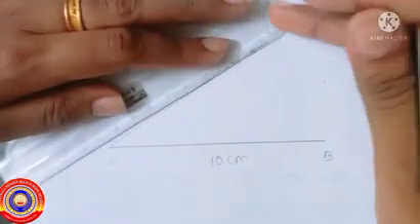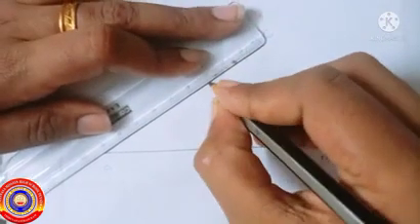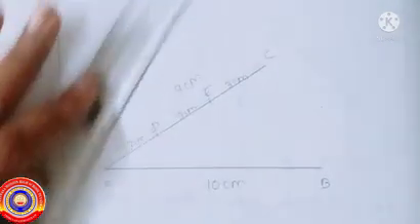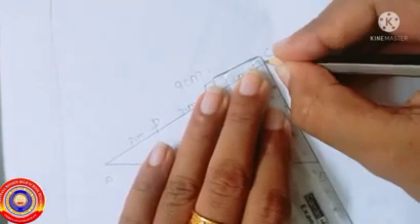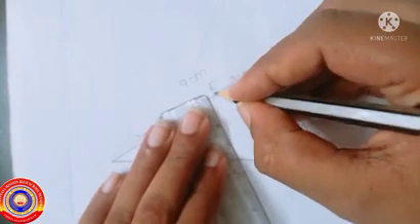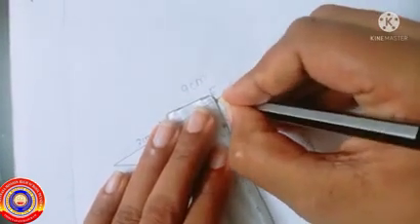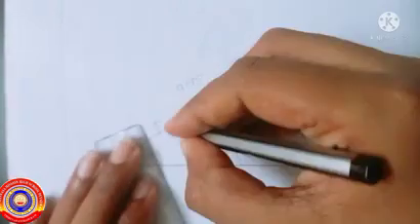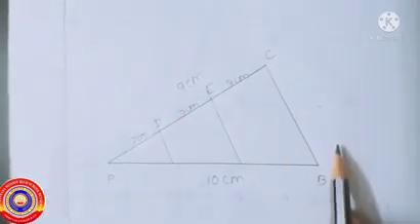Then divide the line AC into 3 equal parts with 3 centimeters each. Then draw BC. After that, draw lines parallel to BC, passing through the points E and D, which meet the line AB at F and G.